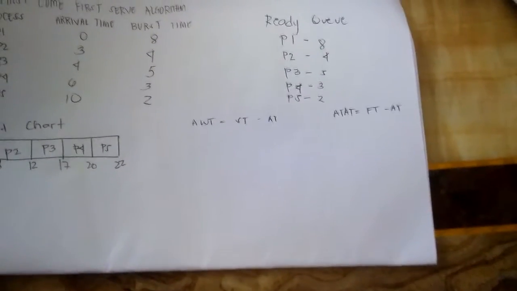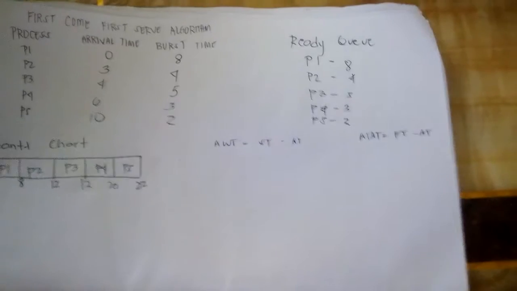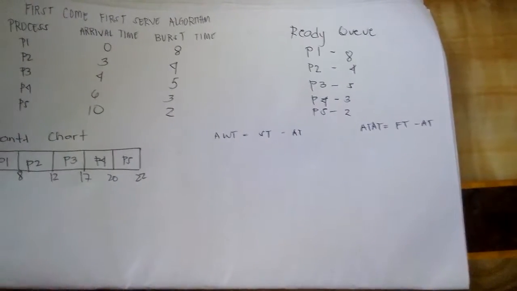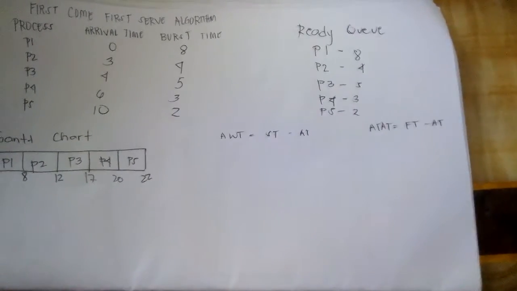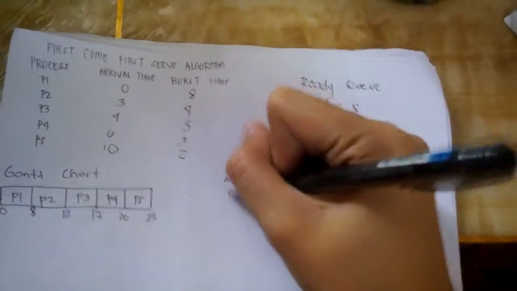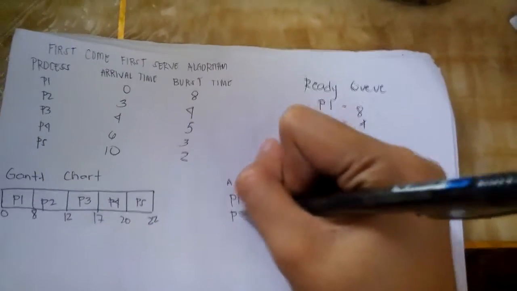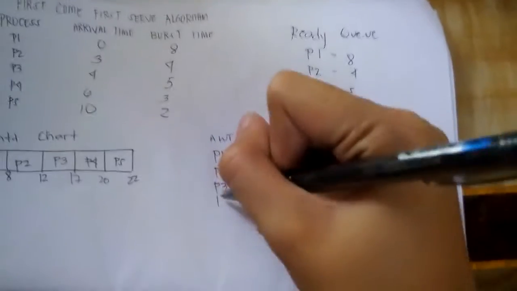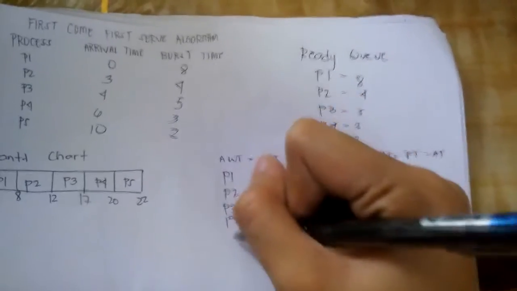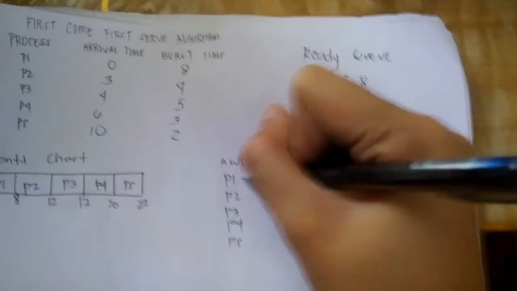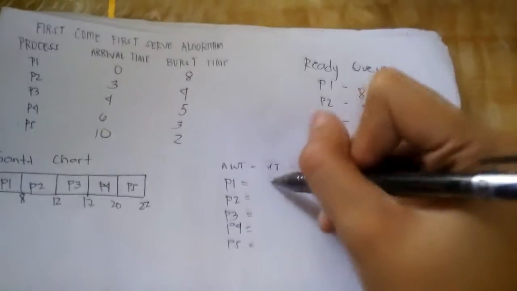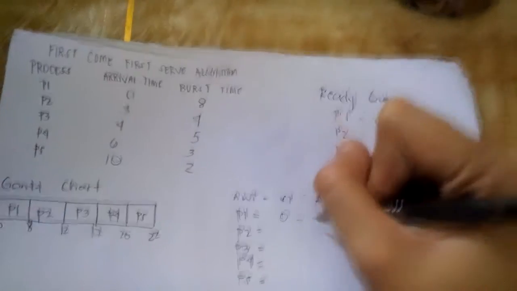Now, we're going to compute the average waiting time and average turnaround time of these processes. The formula for waiting time is starting time minus arrival time. So we're gonna write the processes first. P1 starts at time 0 minus its arrival time, which is also 0.